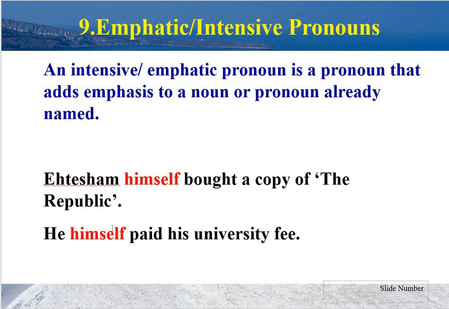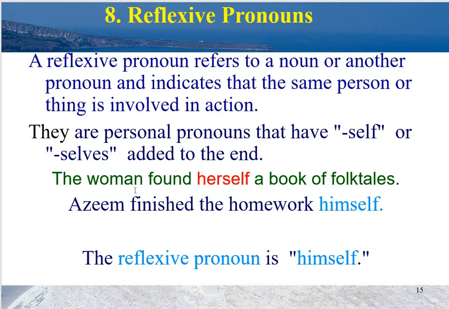Here, there are some other differences, but I want to make you understand that after subject, self or selves form is present. Ihtisham himself and he himself. In reflexive pronoun, you find that these self or selves words are after verb or after object.